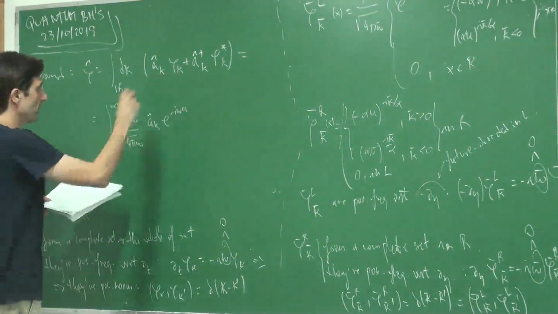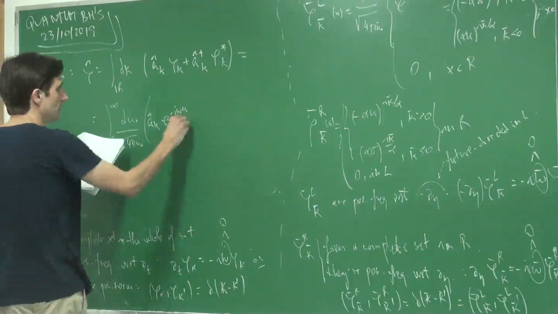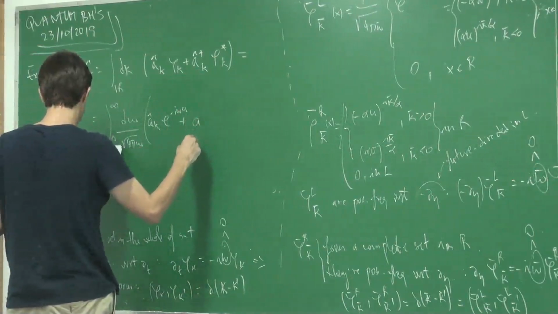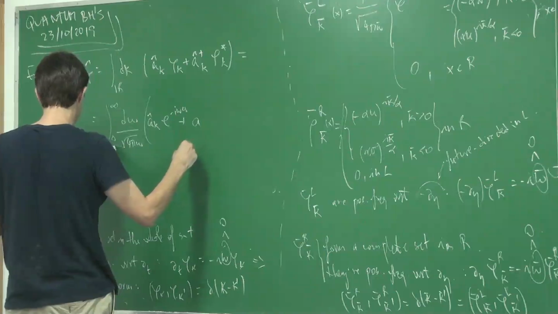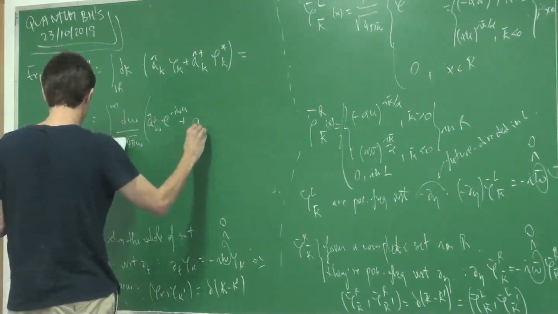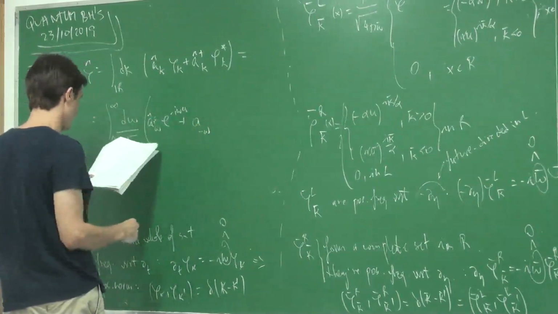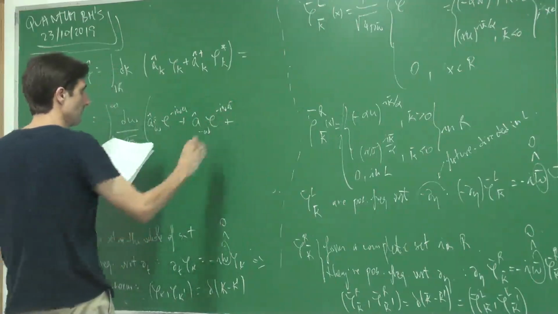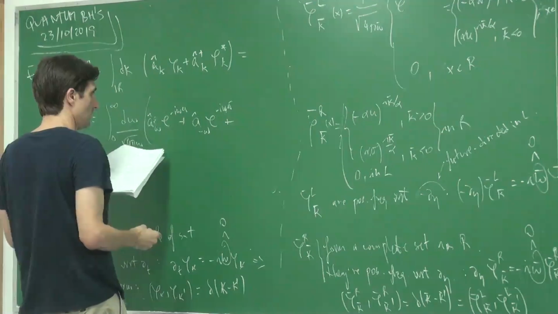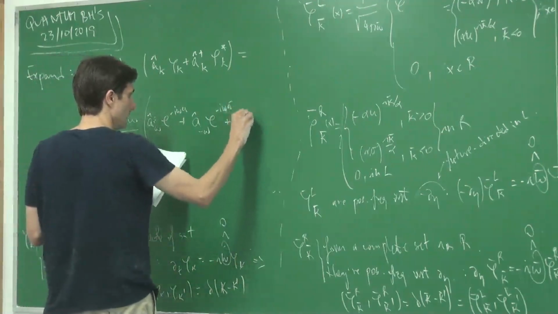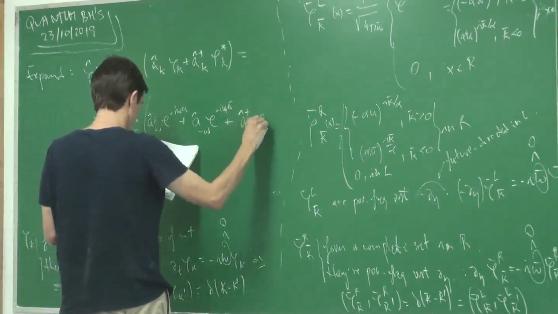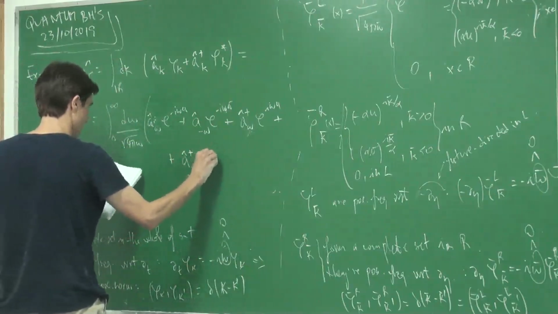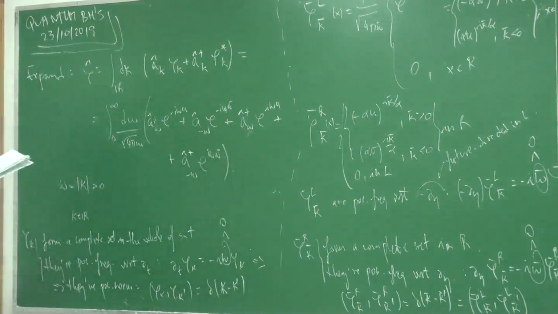For positive omega, you just get the same. For negative k, you want to change the sign of omega. That's the expansion.